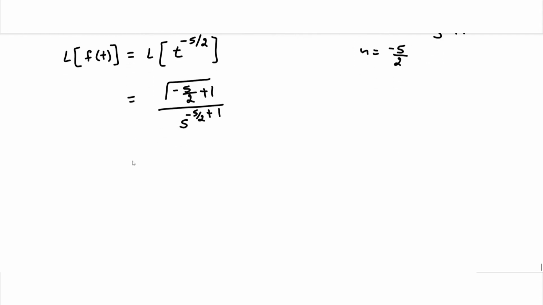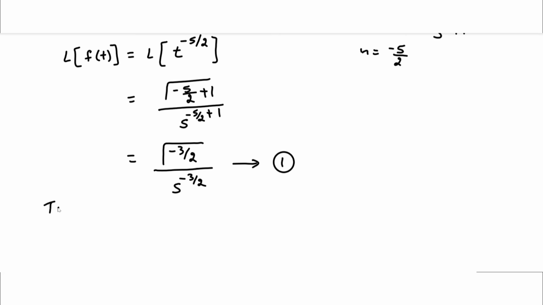So try to simplify that one. Minus 5 by 2 plus 1 will be minus 3 by 2. So we'll be getting gamma of minus 3 by 2 whole divided by s power of minus 3 by 2. So I need to find out the value of gamma of minus 3 by 2. So I'll take this as, say, equation number 1.